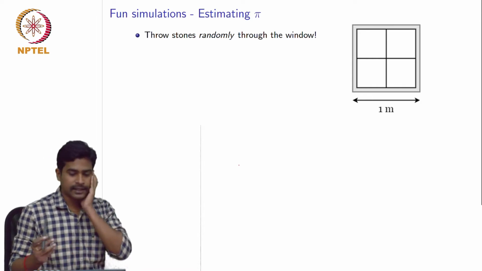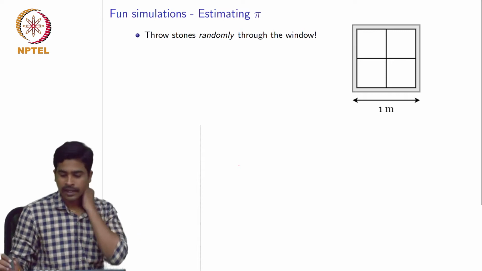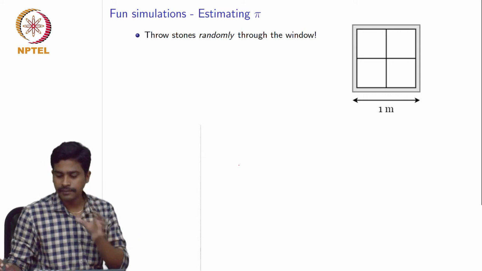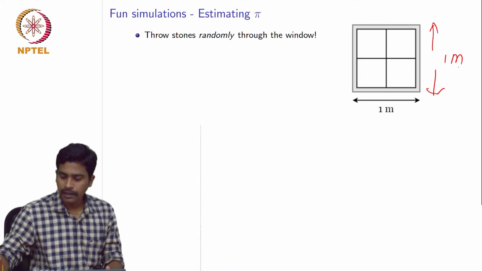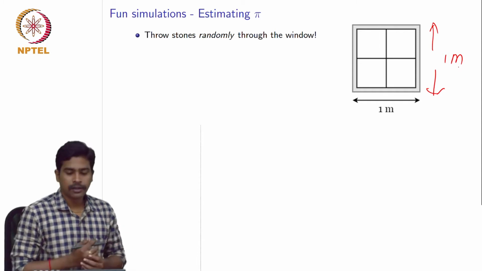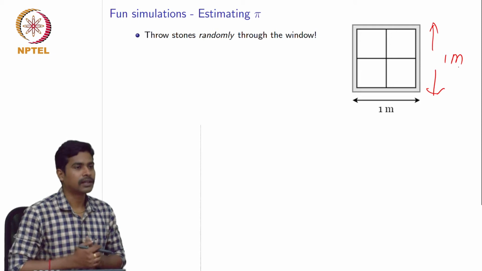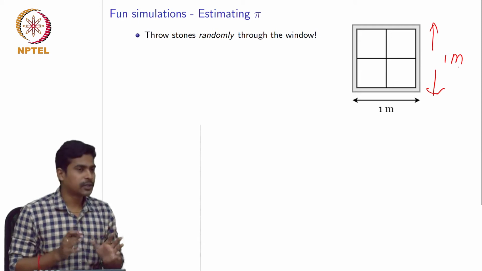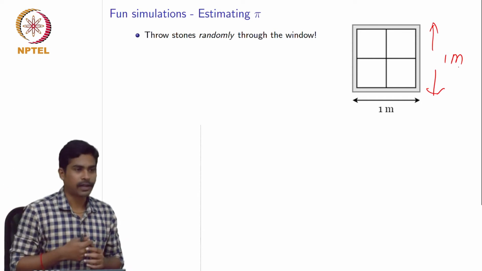Now let's assume there is a window in a room, and this is the window, and the window's length is 1 meter, and this is 1 meter, and this is also 1 meter, and now you are asked to randomly throw some stones in the window. Let's assume all the stones are going through the window, not somewhere on the walls or anywhere.